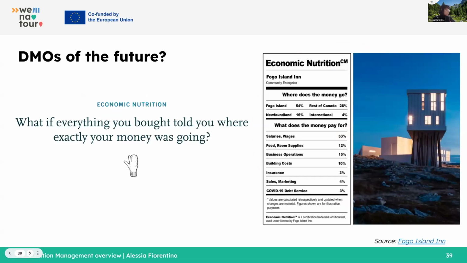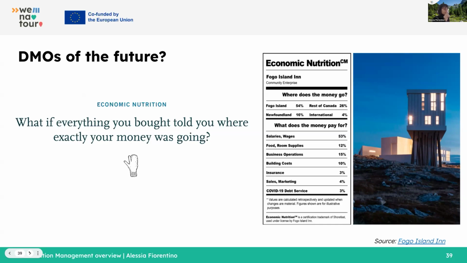So should DMOs of the future be engaged in doing different measurements, maybe different metrics when it comes to tourism? This example here is a corporate example. It's taken from a hotel resort, not from a destination, but you see here the economic nutrition label they used to promote the resort.